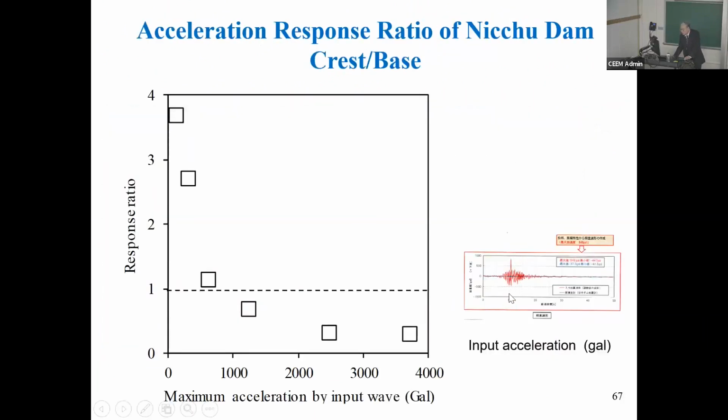Using this input acceleration and increasing the maximum acceleration, the response ratio is similar to the previous dam, going down, and over 1,000 gal the response ratio is over 1.0.